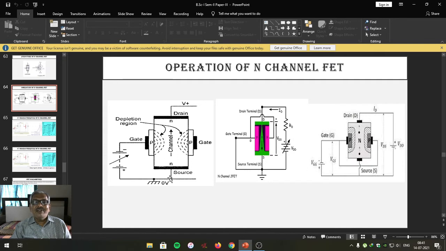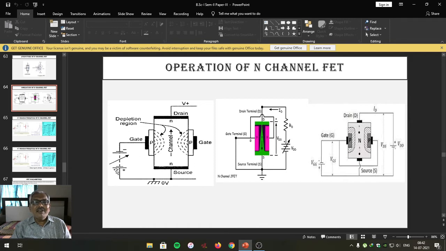Because the source is N type, whereas the gate is P type, by connecting the negative terminal to the P region and the positive terminal to the N region, the gate to source terminal is reverse biased. When it is reverse biased by the battery voltage VGG, it develops a voltage between gate and source terminal, represented as VGS.